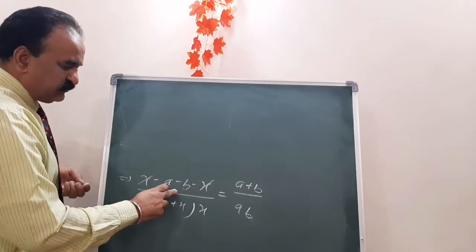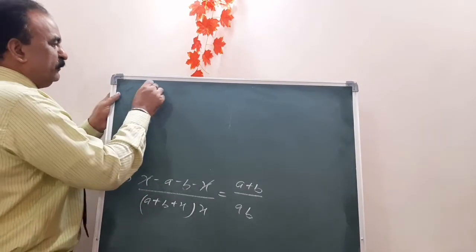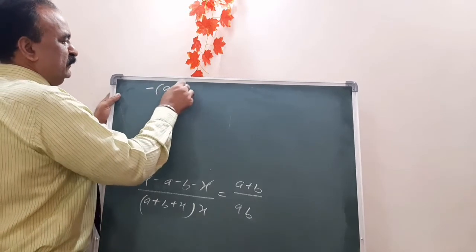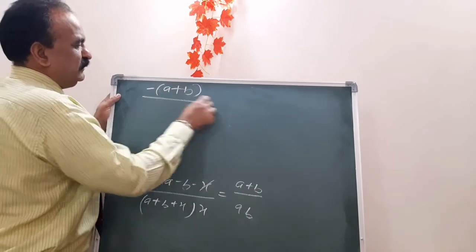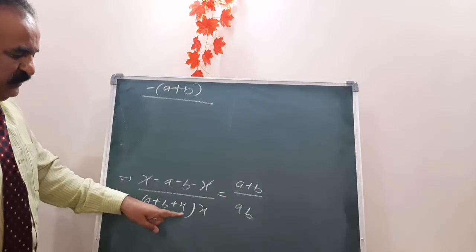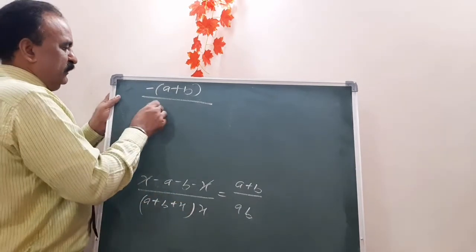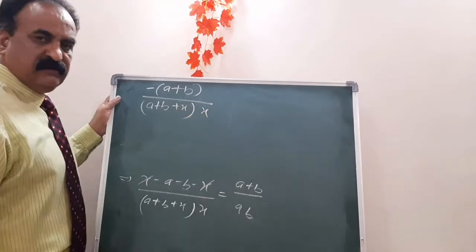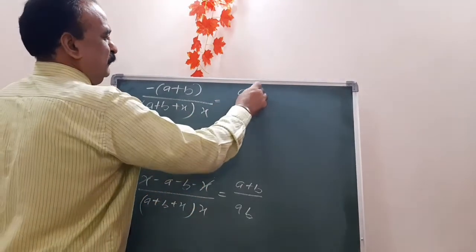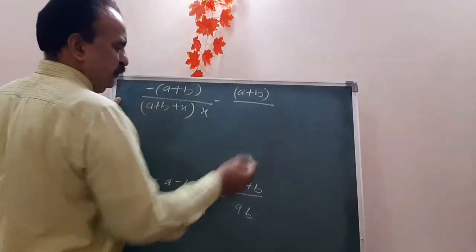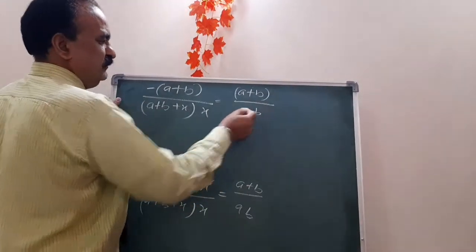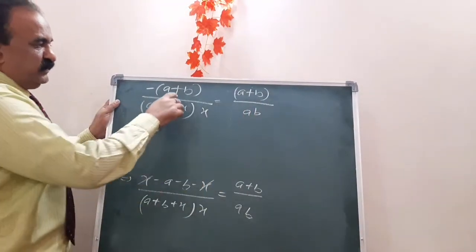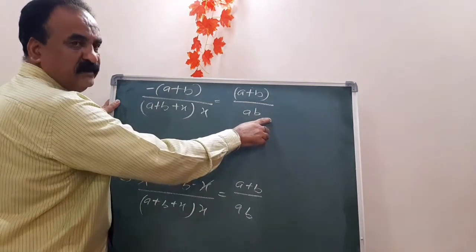Now you can take minus common. So minus into bracket a plus b upon a plus b plus x into x is equal to a plus b upon ab. Right? You can transfer this a plus b in the denominator here.